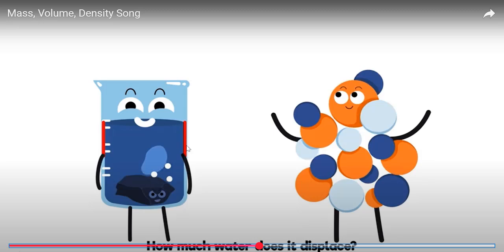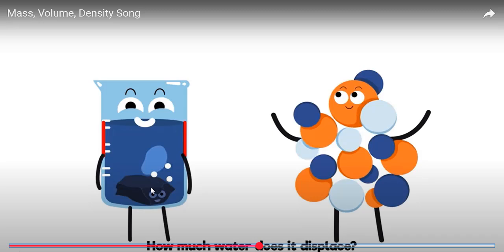The displacement, or the change in volume, is the volume of the object. So the volume of the object equals the final volume minus the initial volume. Then you can find the volume of the object.